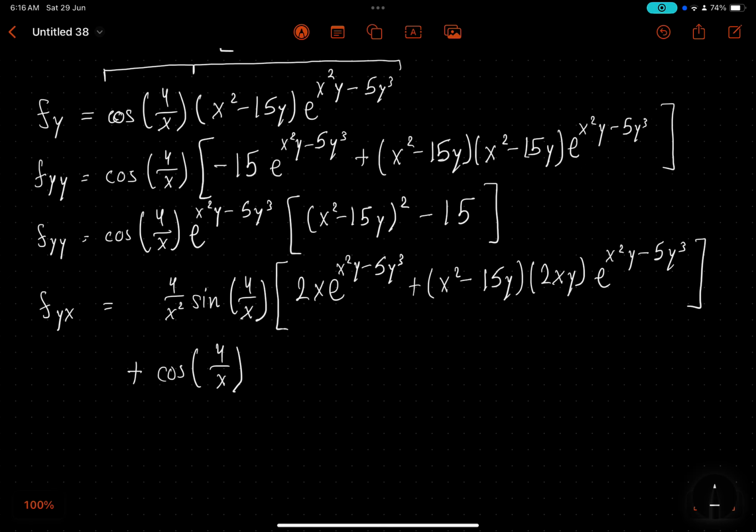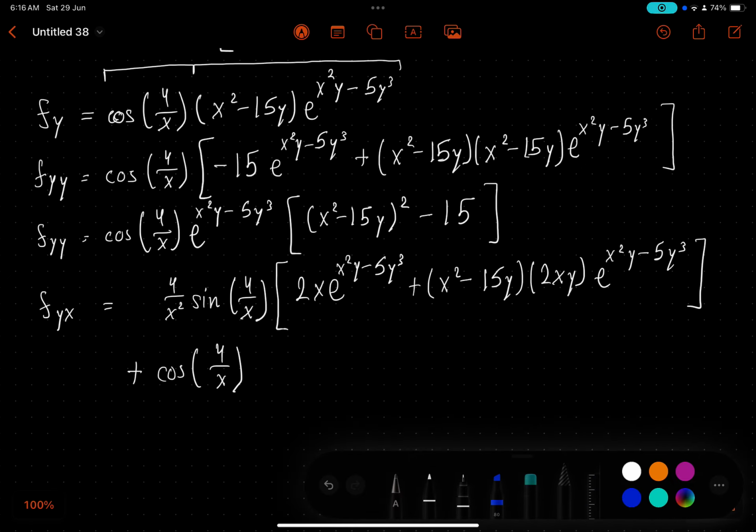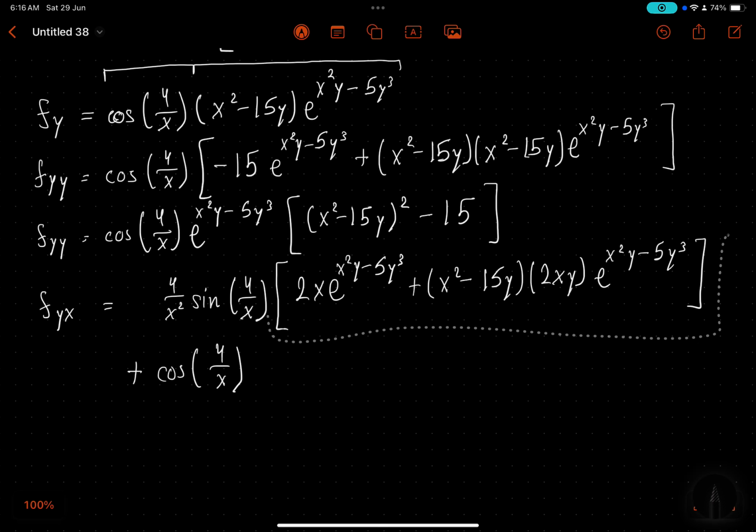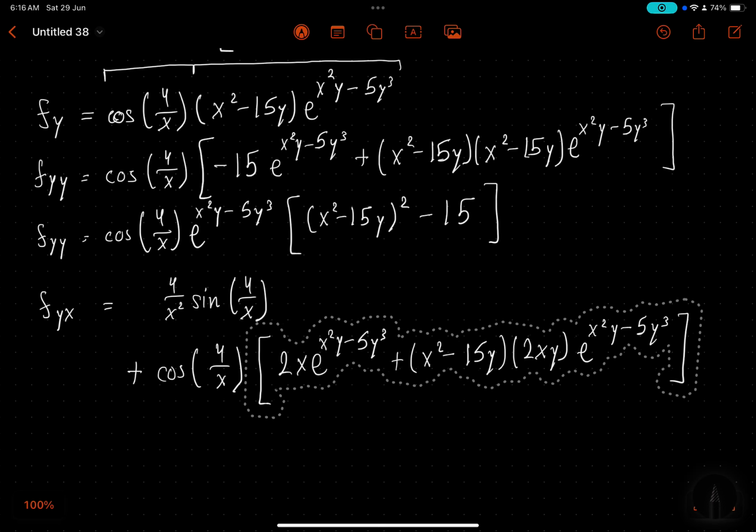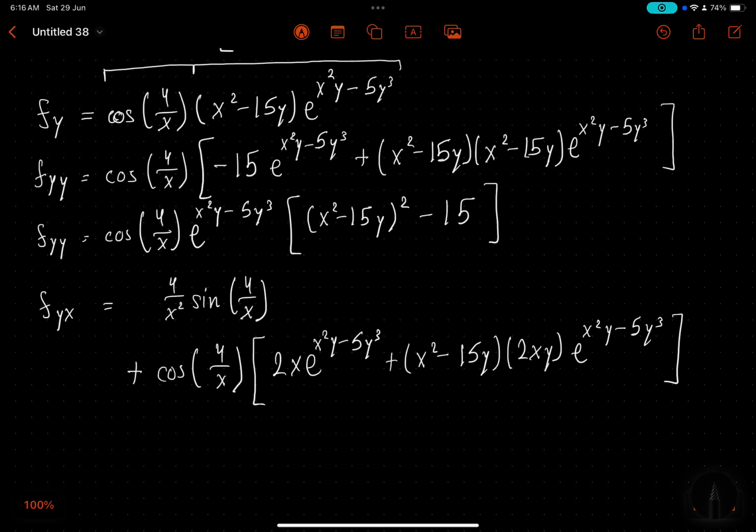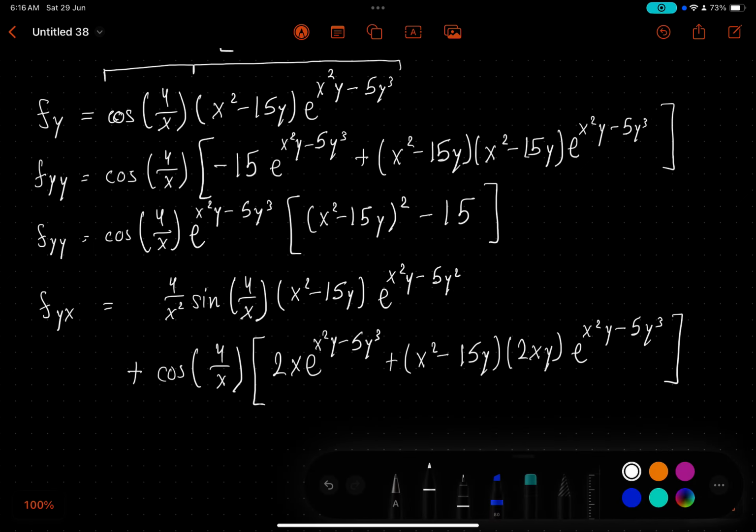I think we just have a minor issue here, so I should not have differentiated the second part, since I already differentiated one part. I will tell you now exactly what I have done. So here it should have been simply x squared minus 15y times e to the x squared y minus 5y to the 3. Now this is our second part basically.